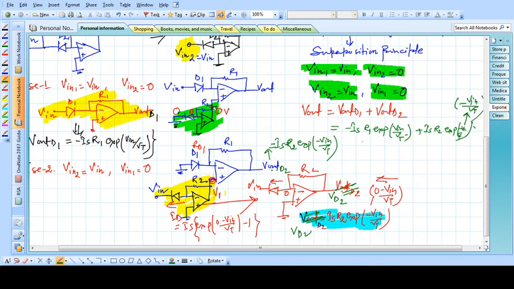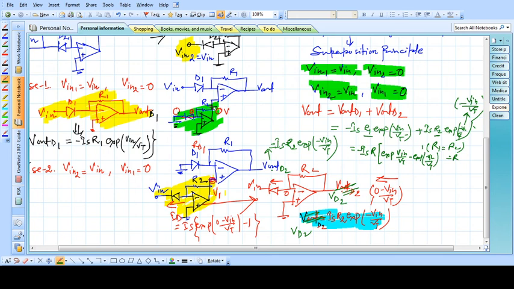Now here I am taking R1 equals R2 equals some R. So we can take minus IS R common, EXP V in by Vt minus EXP minus V in by Vt. Is it clear or not?